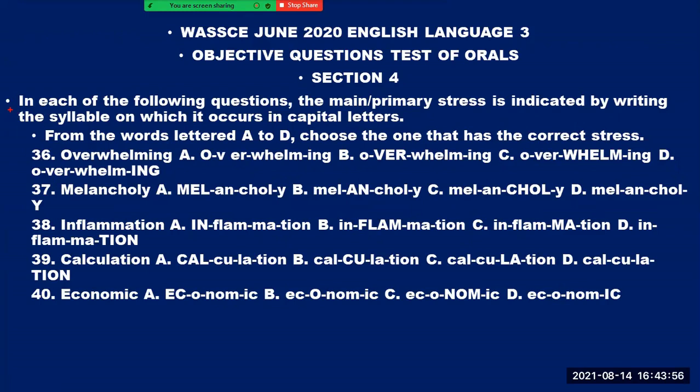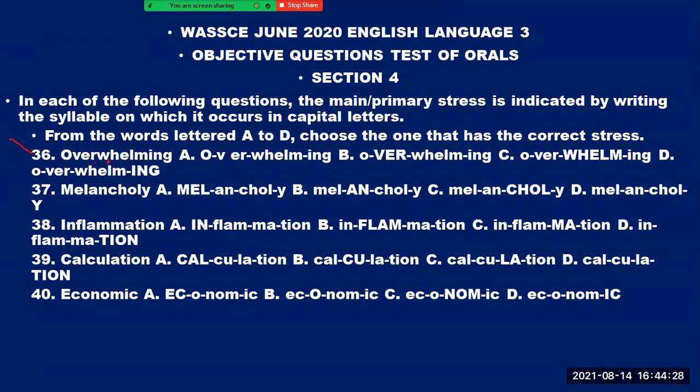In each of the following questions, the main or primary stress is indicated by writing the syllable on which it occurs in capital letters. From the words lettered A to D, choose the one that has the correct stress. And so let's now begin to look at this.